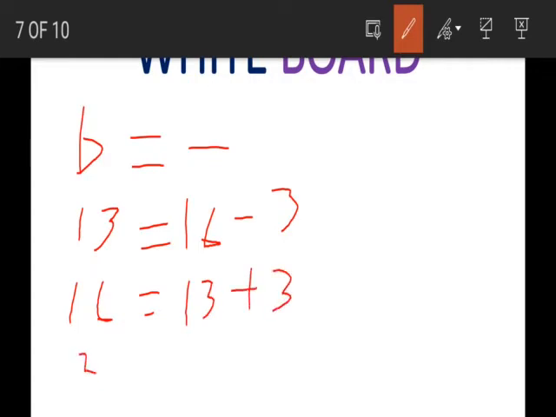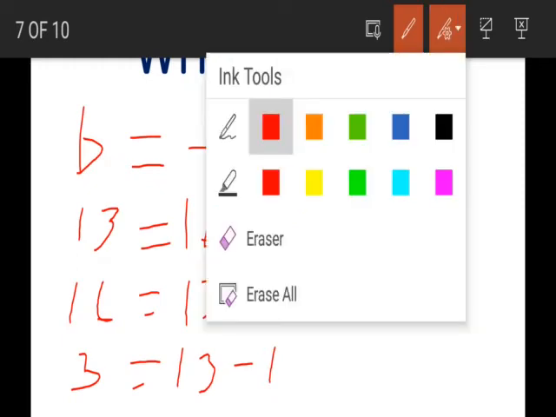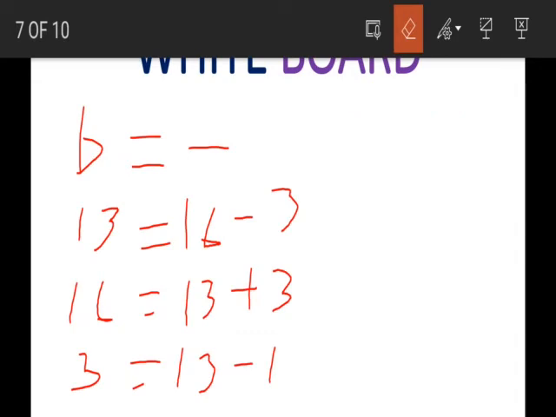If 3 is not there, you will subtract 13 from 16, and that will give you 3.